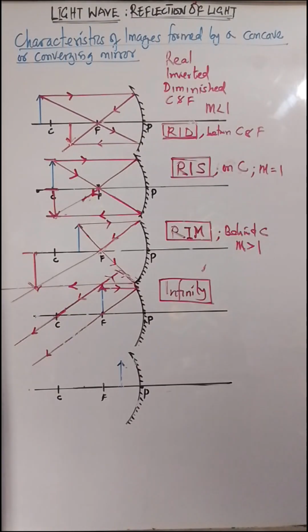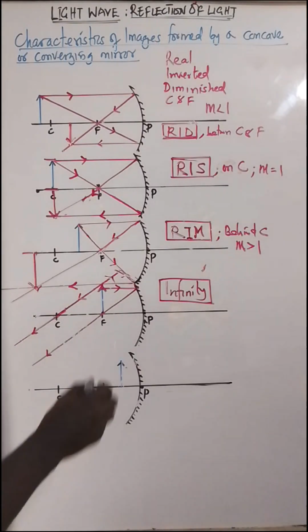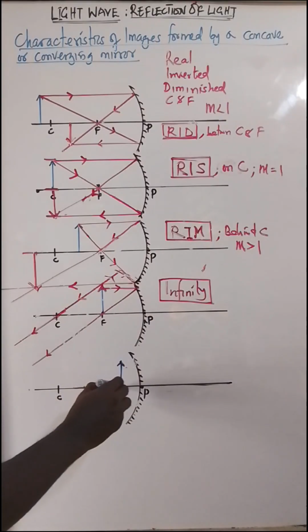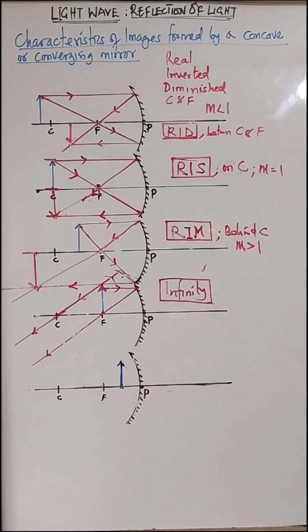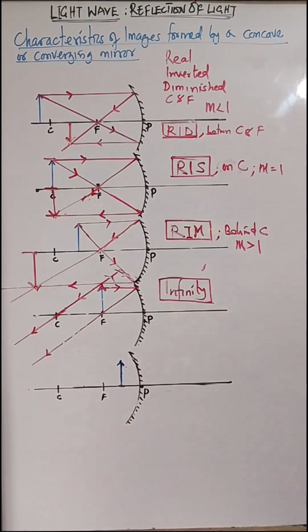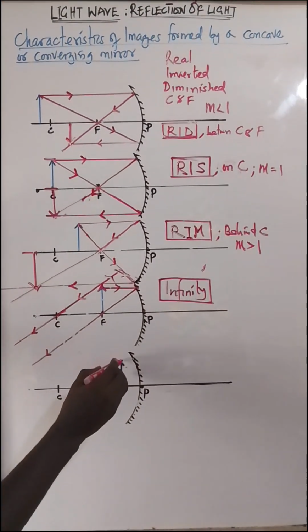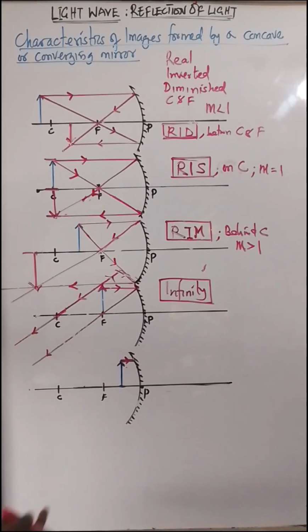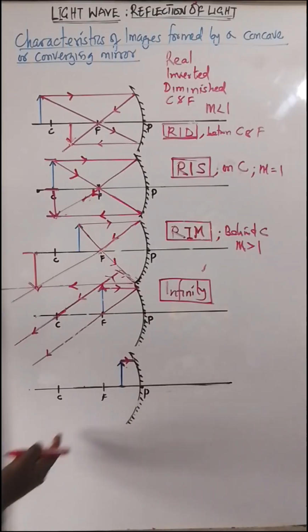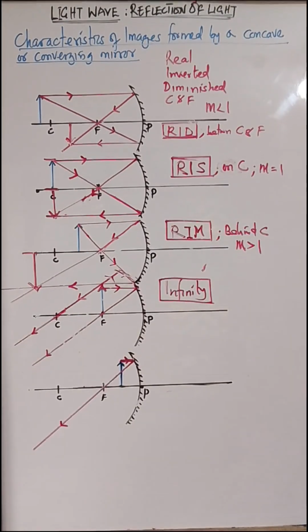Now let's bring it closer. Let's place the object between the principal focus and the pole and see what we are going to get in this case. Same way, rays parallel to the principal axis will pass through the principal focus after reflection.